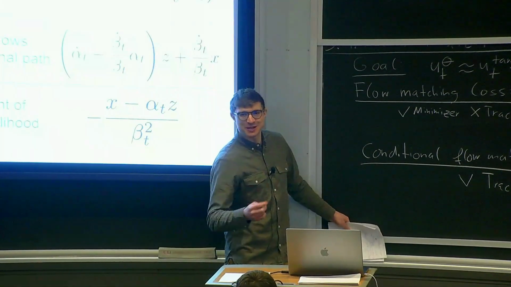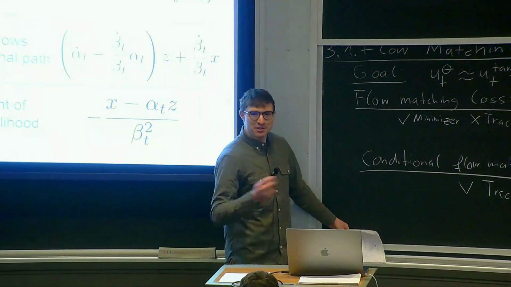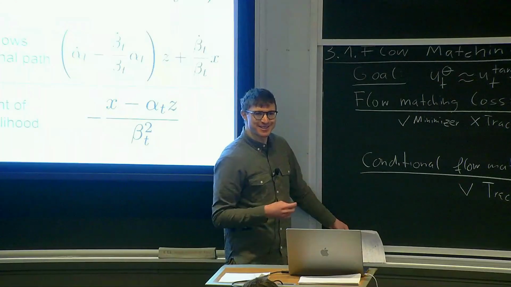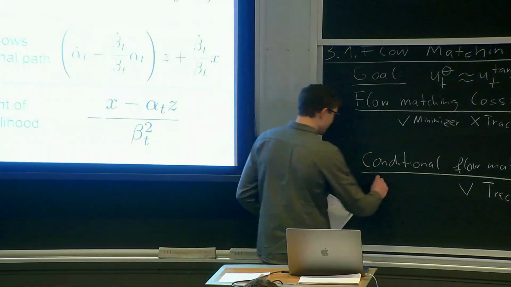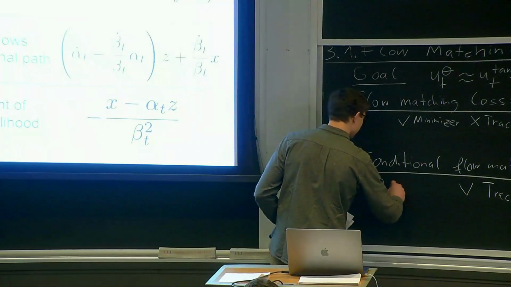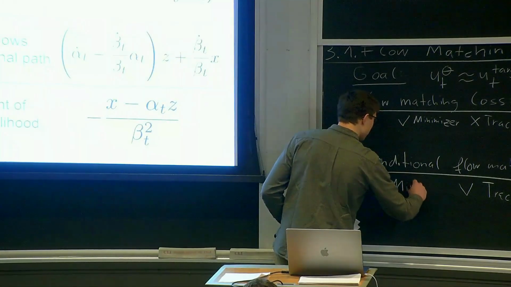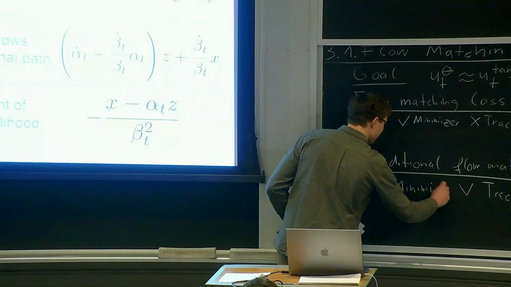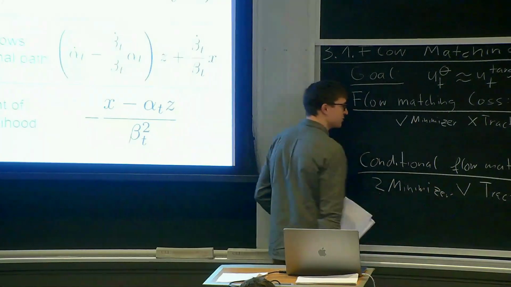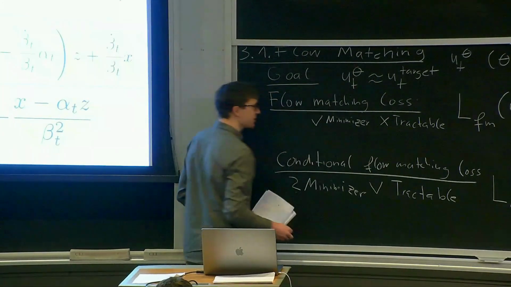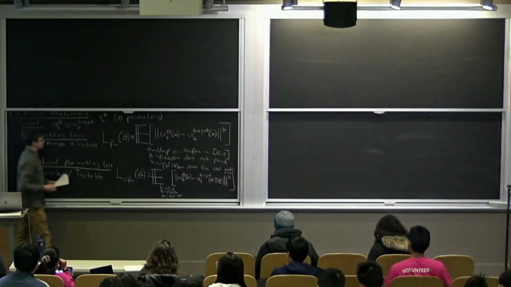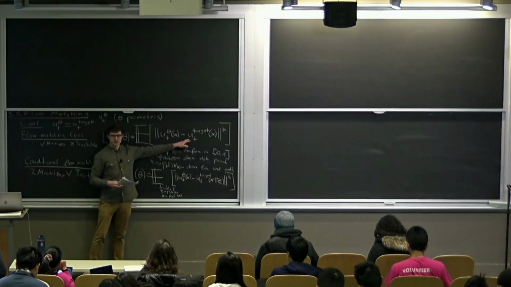I would be very surprised if you would see it in a second, because it's not entirely clear. So the question is, does it even make sense to minimize this object? Because the conditional vector field is not really useful. We don't want to generate single data points. We want to generate a whole distribution of data points, which is what this thing is doing.